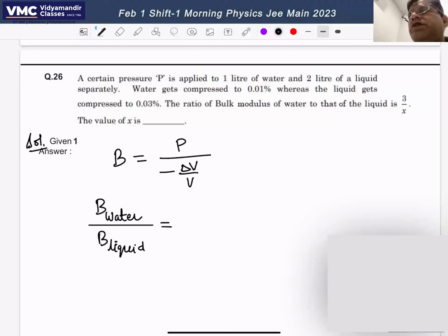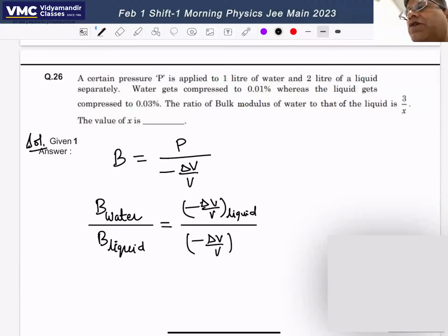So it will be the volumetric strain for liquid to the volumetric strain of water.